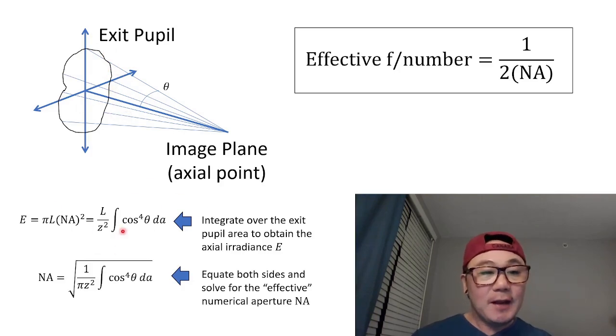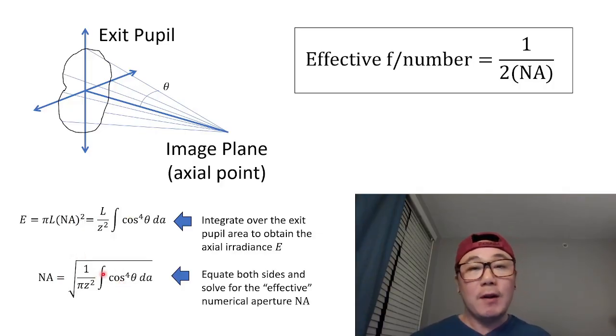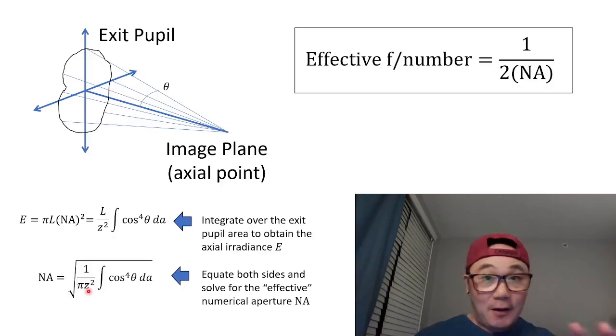Okay, if you did that and if you equate both sides of the formula and solve for numerical aperture, you get this. So this is your effective numerical aperture. And if you want to define an F number, then the effective F number is 1 over twice of that effective aperture.